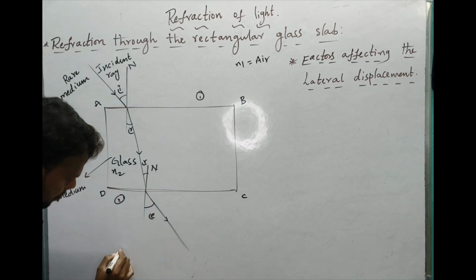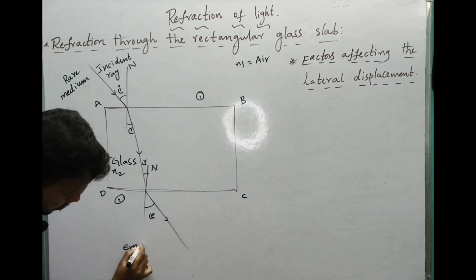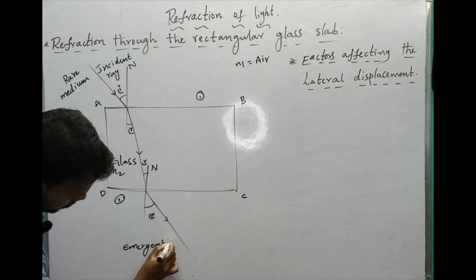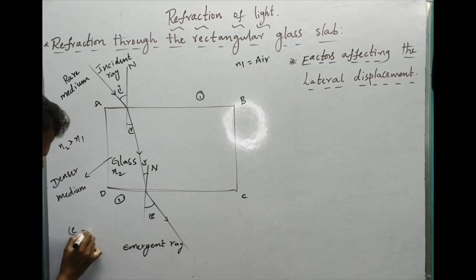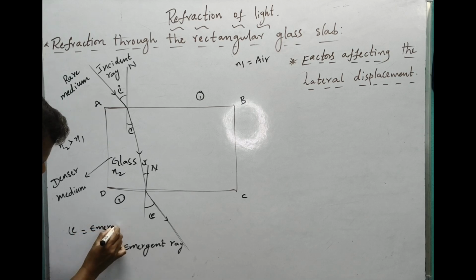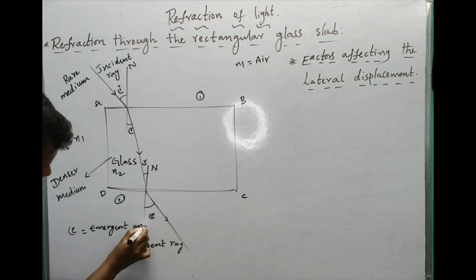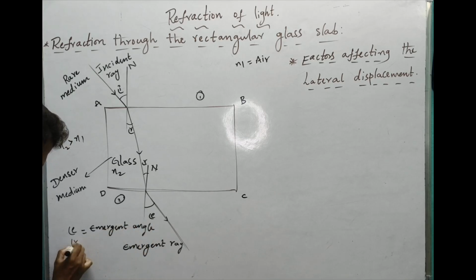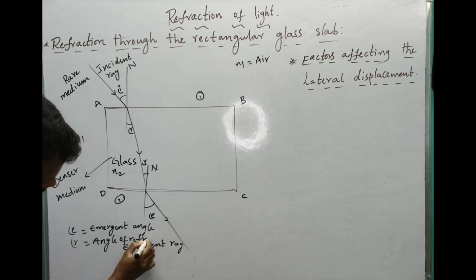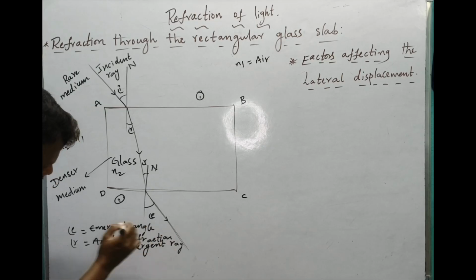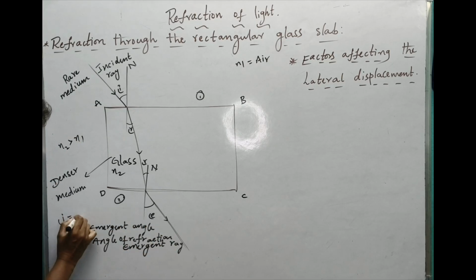Angle E is the emergent angle. Angle R is the refracted angle, the angle of refraction. Angle I is the angle of incidence.